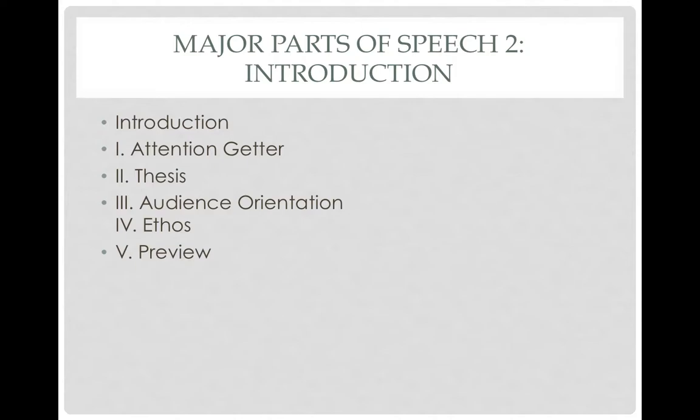A good audience orientation would go beyond telling your audience that they're going to learn some things. Yeah, of course, we're going to learn some things. It's an informative speech. Go beyond that and tell us, what will we be able to do with this information? So let's say you were giving a speech on the candidates for an upcoming election.